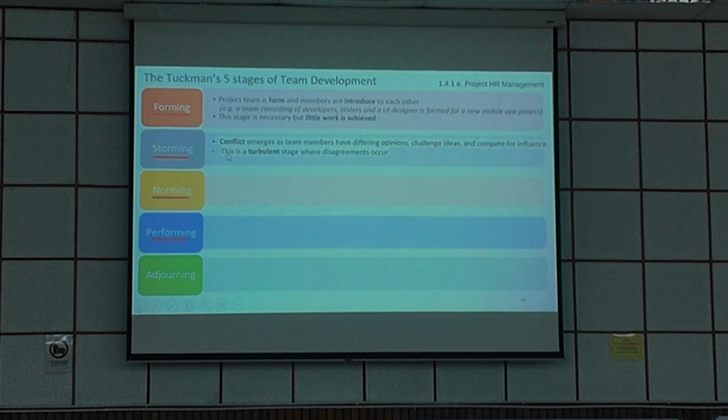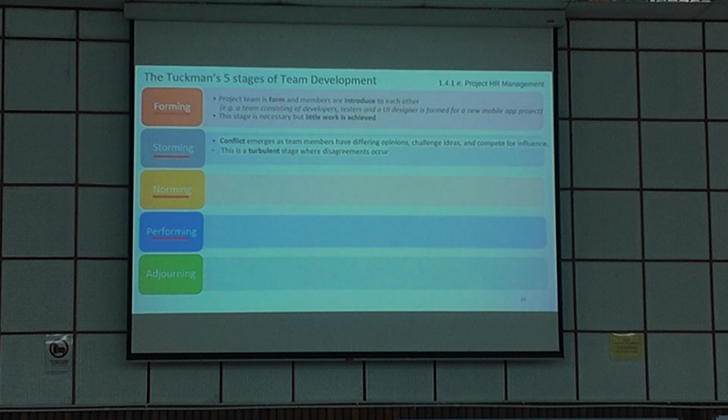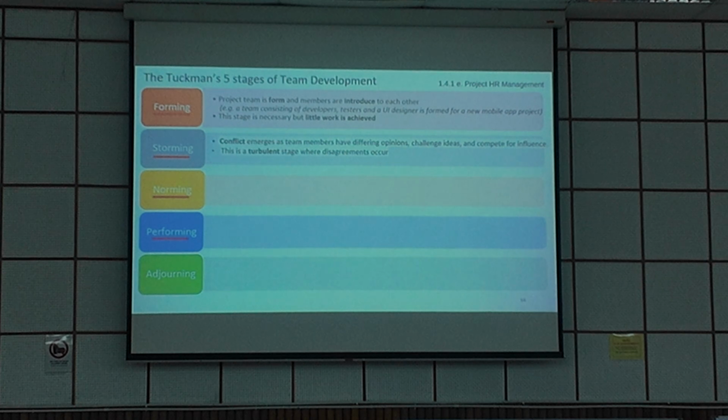Okay, so this is a turbulent stage where disagreement occurs. Working in a team of four or five persons, disagreement does occur because of having different opinions. So they challenge each other's ideas and compete for influence.